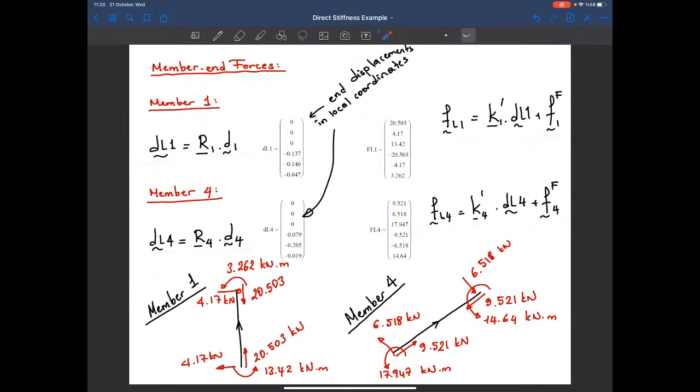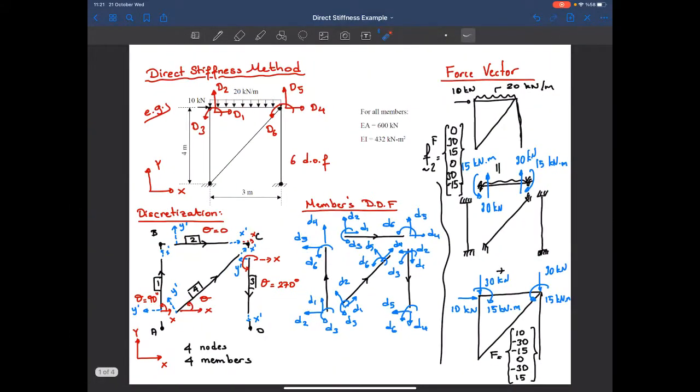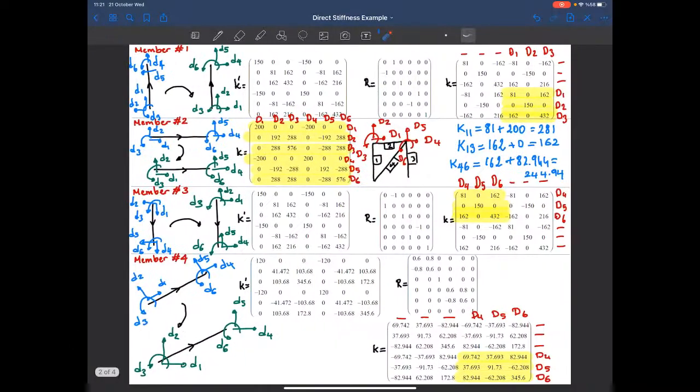Remember that this direct stiffness method is for computer applications. Okay, so we define the degrees of freedom, we define the members, we define the rotation angles. Once we obtain the rotation angles, for every member we repeat the same procedure.